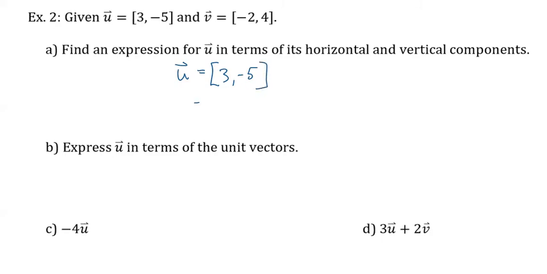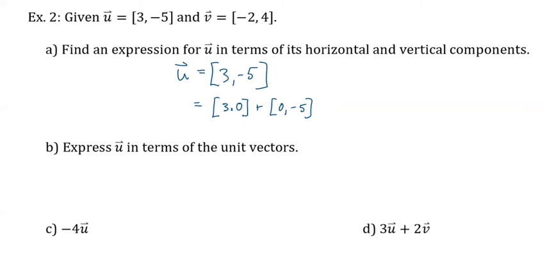We showed the steps for that previously in terms of a and b. Basically, I'm multiplying it, but you don't have to do this. It's so easy. Why would you do 3 steps to get this done? But basically what you're doing is 3 i hat plus negative 5 times j hat.